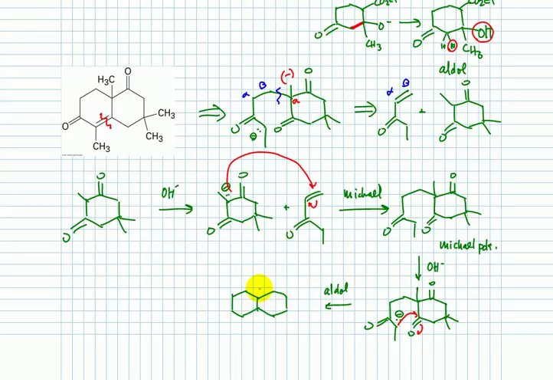Our aldol product, anyway, after we protonate the alkoxide, looks like that, which can be dehydrated to form our final product. There, which is an enone.